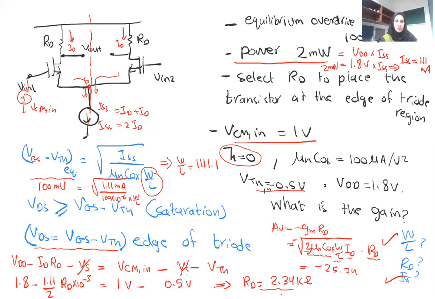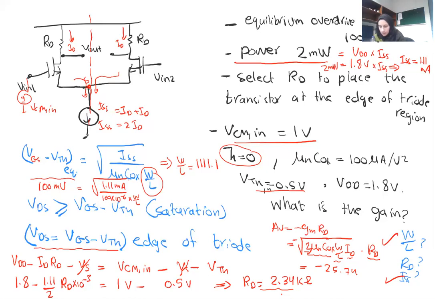After that, we moved to find VDD and RD. RD, we find it from the information that was given about the edge of triode region. So our VGS equals VGS minus V threshold.